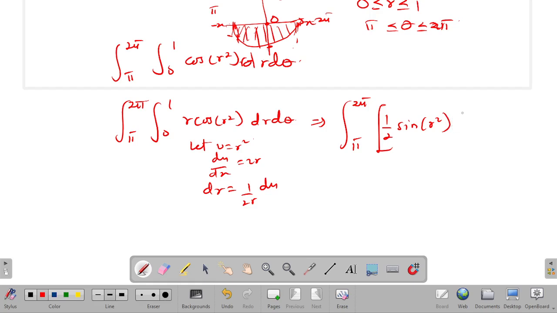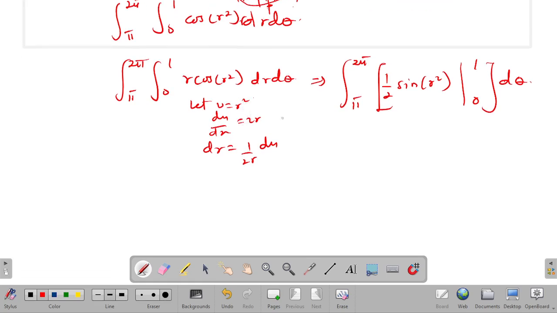Once you've got this right, my limits of integration are 0 to 1. When I put 1 inside, I get sine 1 minus sine 0, which is sine 1.